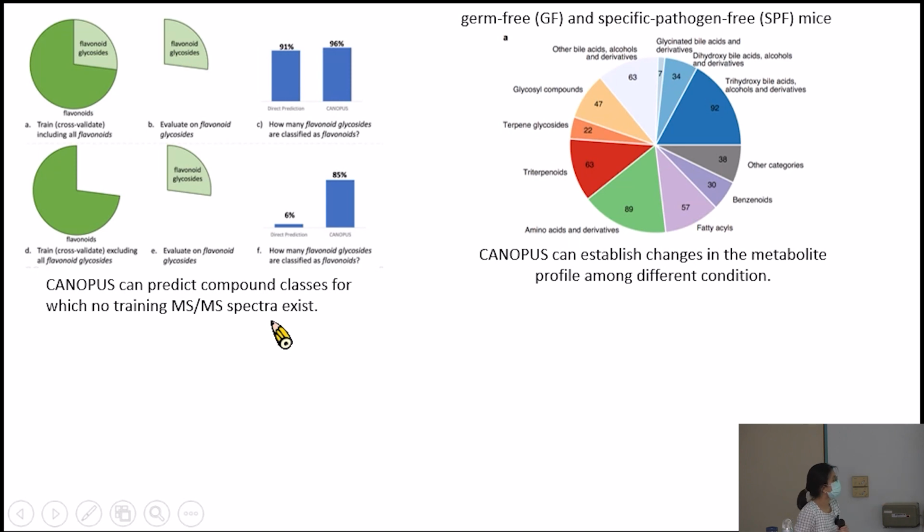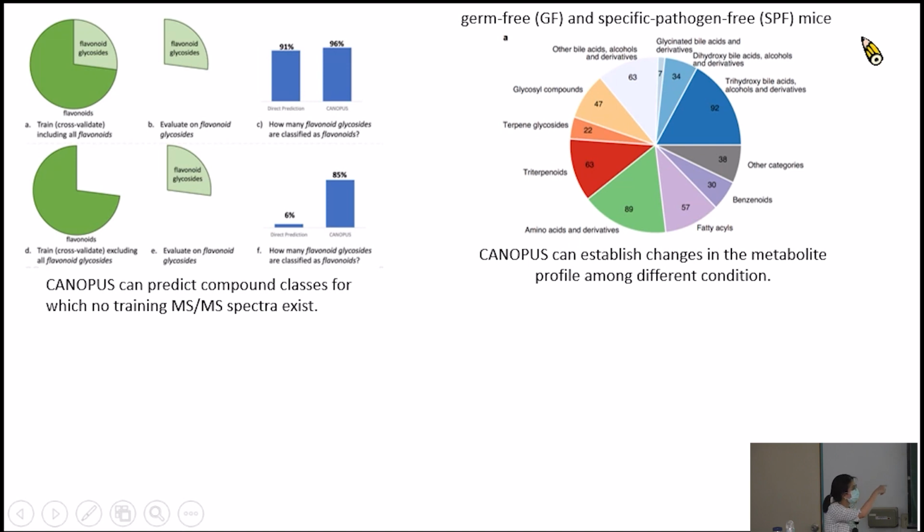So what they did is they reanalyzed the mass spectrum data from another group. That data compares germ-free and specific pathogen-free mice. After reanalyzing this data, they identified significantly changed metabolites in the dataset comparing germ-free and specific pathogen-free mice.